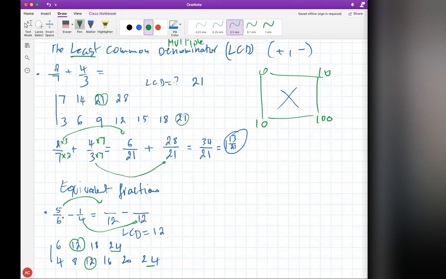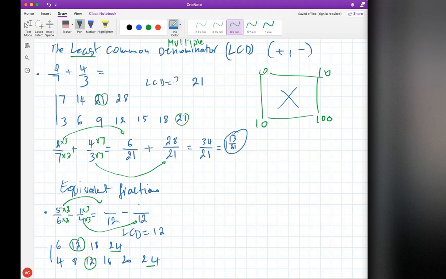We multiply it by 2. 6 times 2 is 12. Then you multiply 1 over 4 by 3. 4 times 3 is 12.